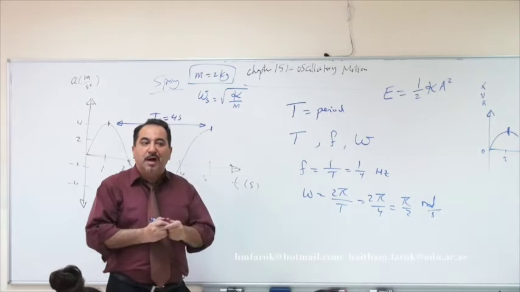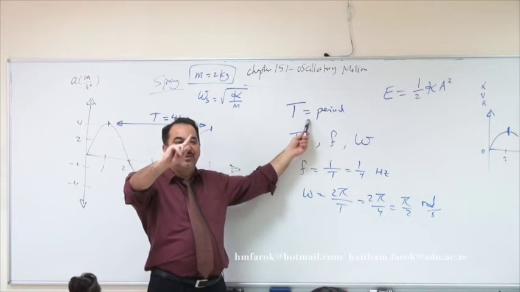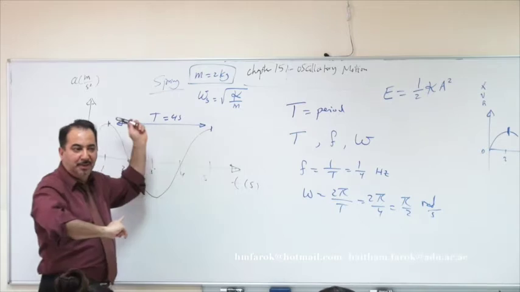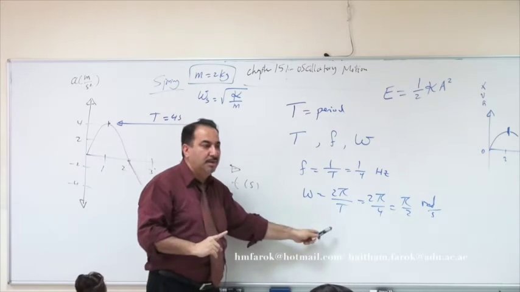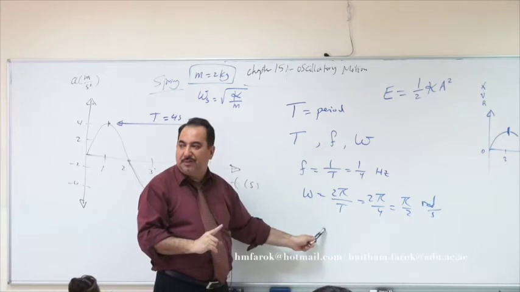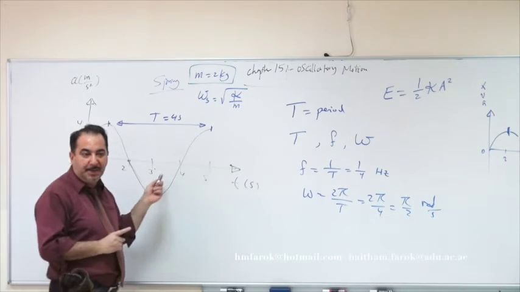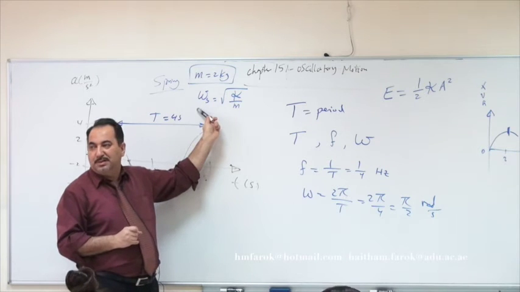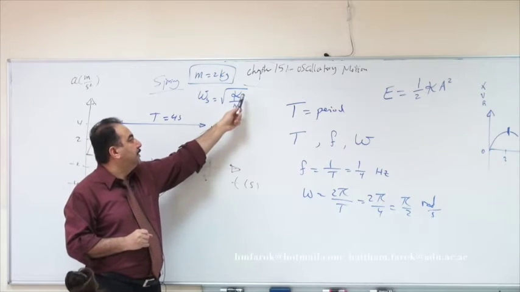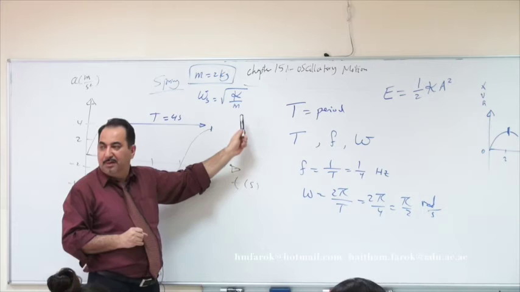So you can see that I started with what? One piece of information, the period. Then I found the frequency and angular frequency. And then angular frequency, this is general. But because it's a spring, then spring angular frequency is root of kappa over m.